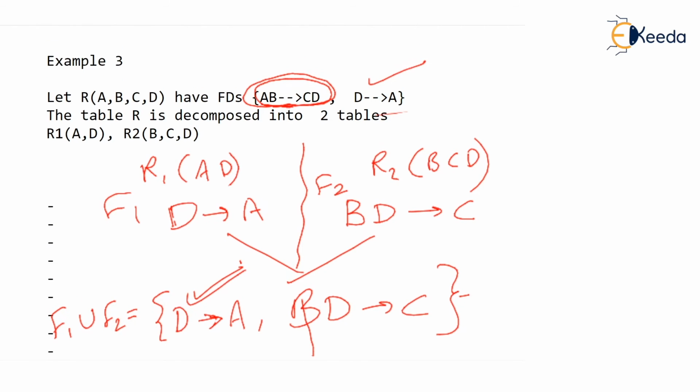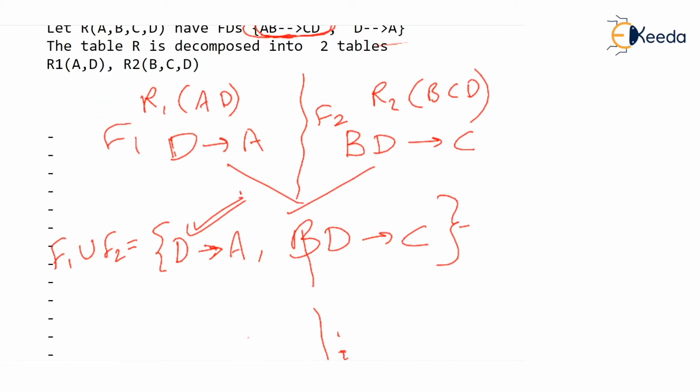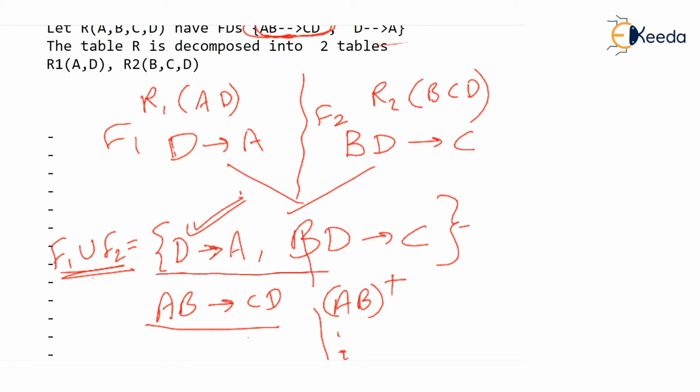Check whether this is satisfied: find AB closure using F1 union F2, because we want to know whether AB determines CD is satisfied by these dependencies. So AB closure is going to contain AB and nothing else. Nothing else will be brought in from here. So AB does not determine CD.